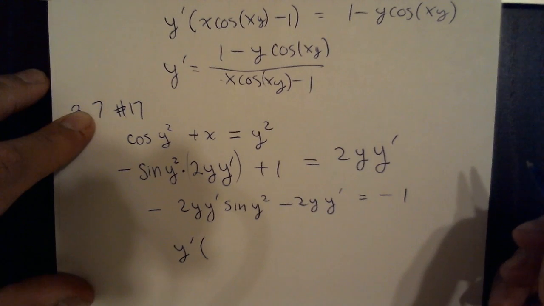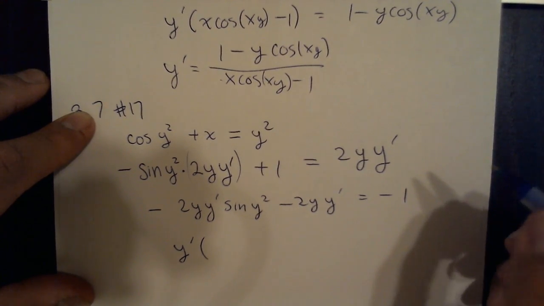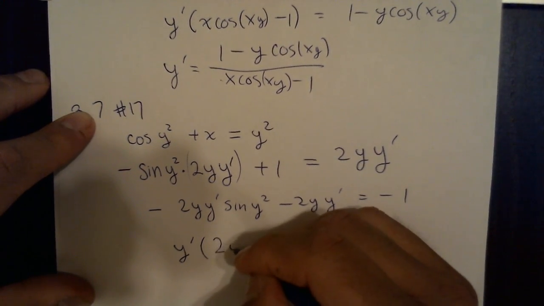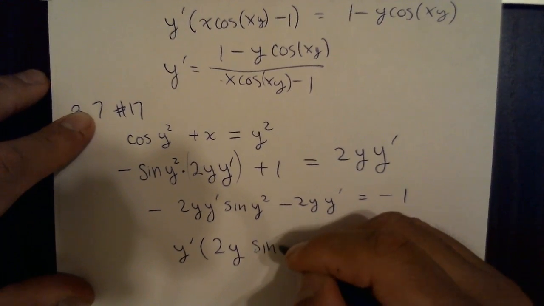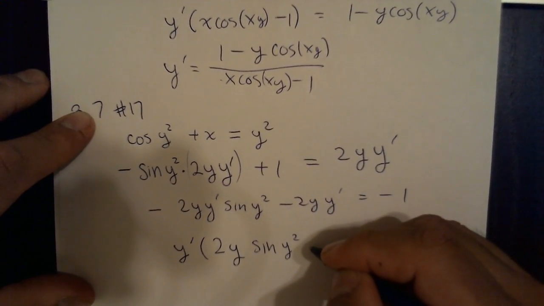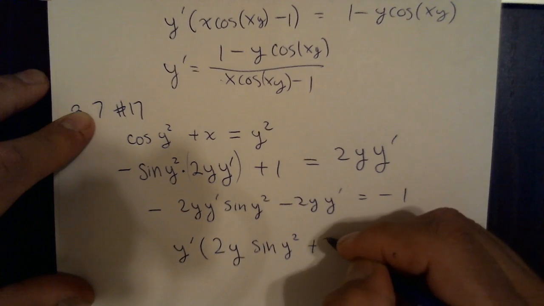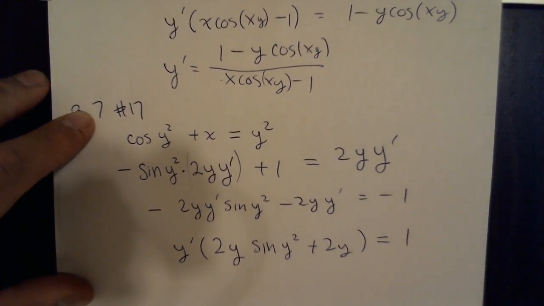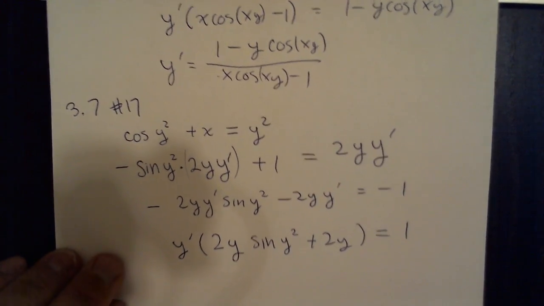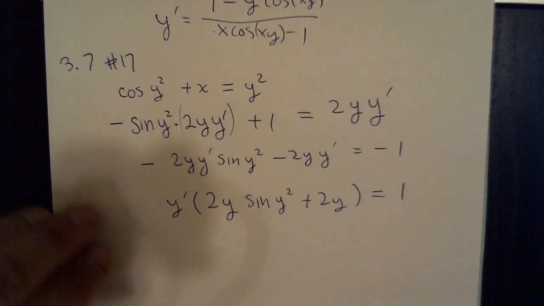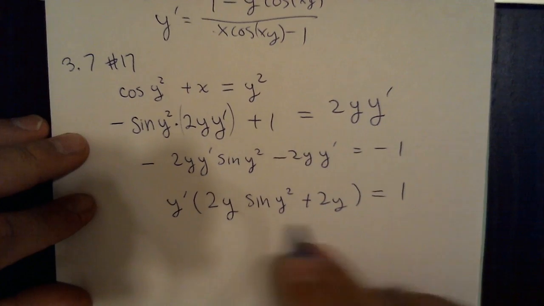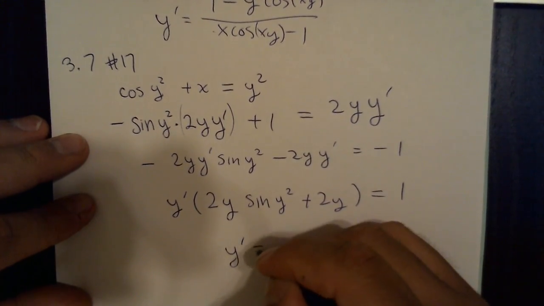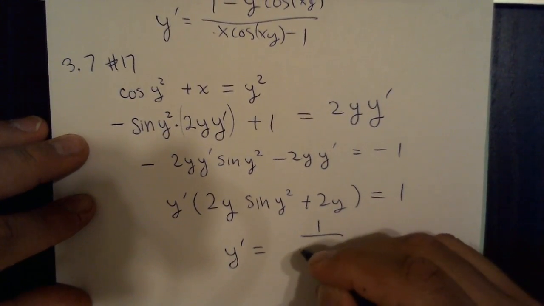And actually I can factor out. Just leave it like that. And then dividing by this here, we'll get y prime equals 1.